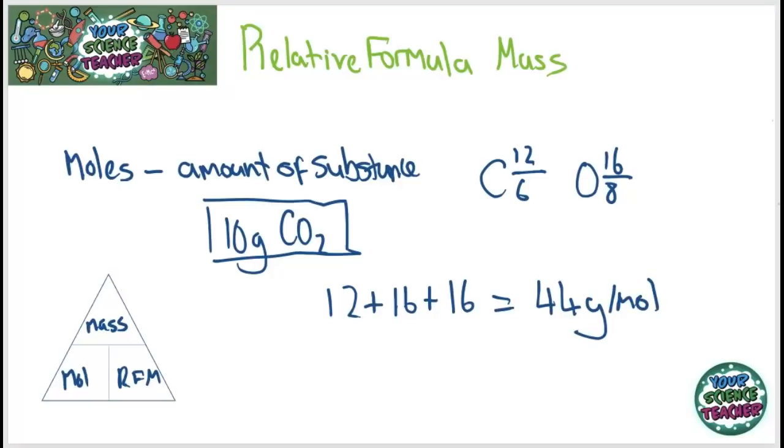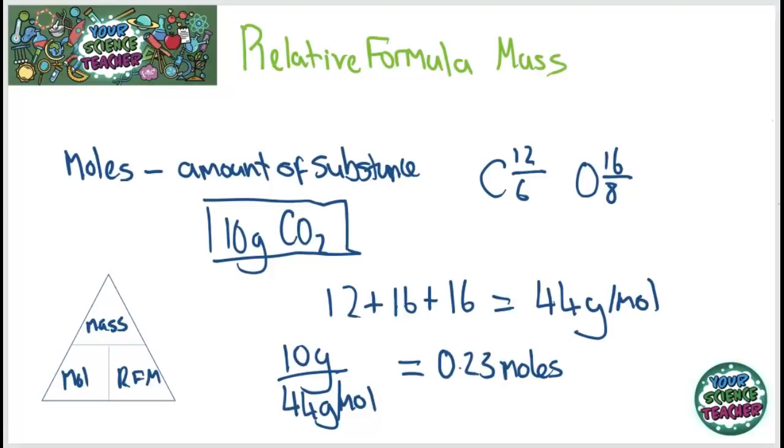And to work out my moles, all I'd need to do is 10 grams divided by 44 grams per mole, and this would give me how many moles of carbon dioxide I have. And that is 0.23 moles.